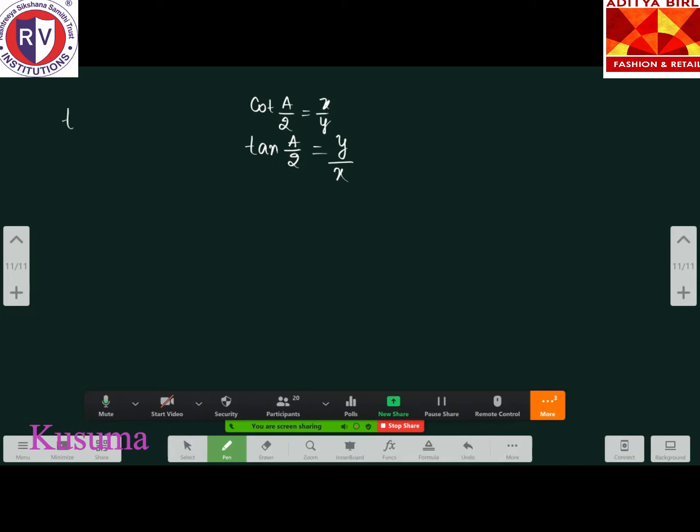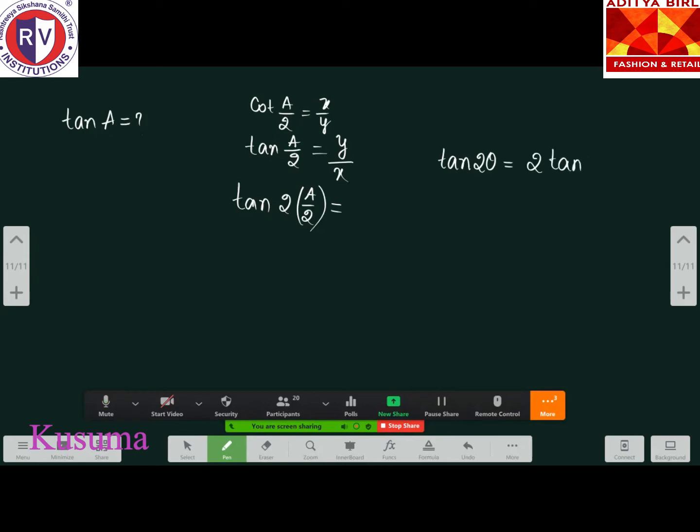But what is asked is, what is the value of tan A? We have to find out tan A. So tan 2 into A by 2 will give us tan A. What is tan 2 theta in terms of tan theta?